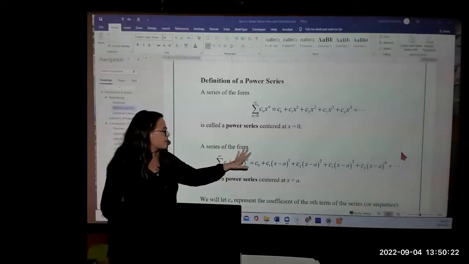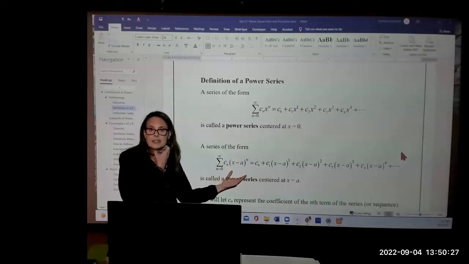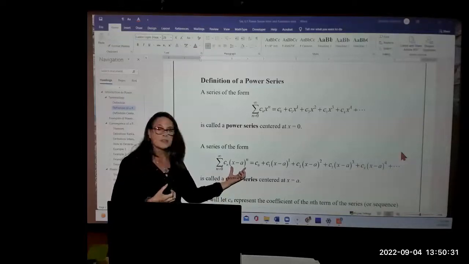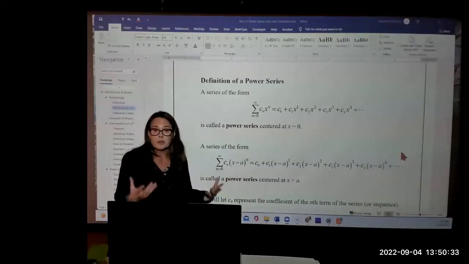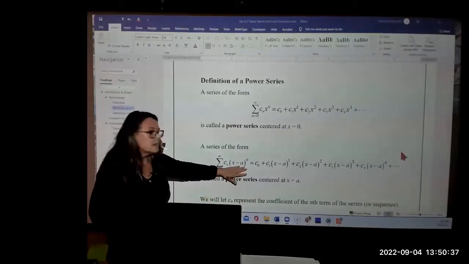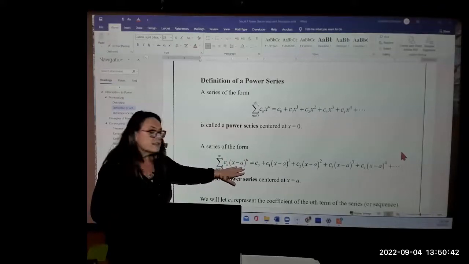We also can write series in a more general form where it's not necessarily centered around 0. Instead, it's centered around some constant a. Now, a could be 0, but it doesn't have to be. In other words, the base of this exponential-like factor is x minus a.